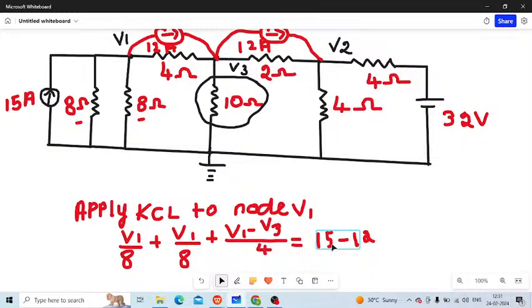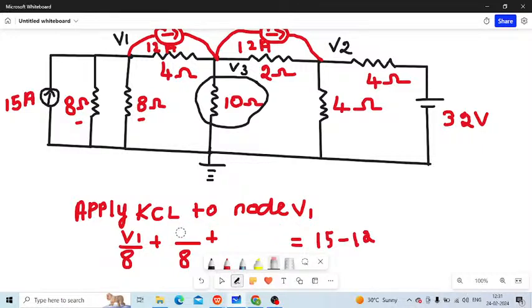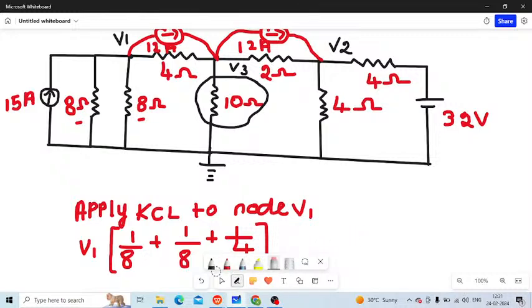Shall I write that? Okay, I'll just write that. Please wait. I'll write the equation properly.